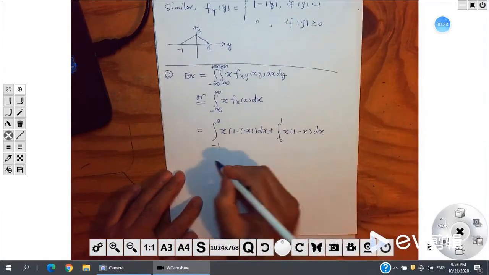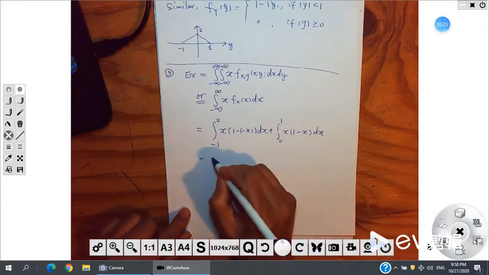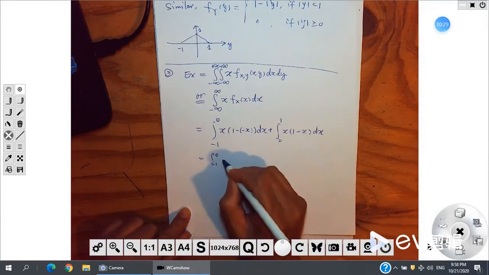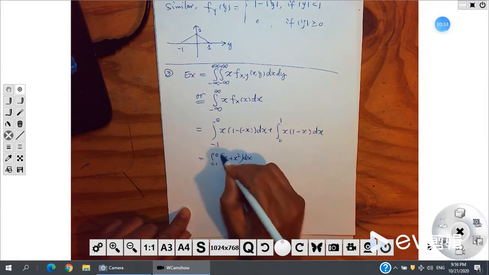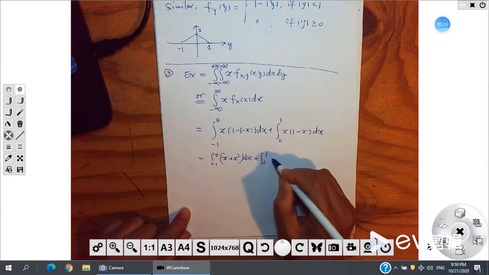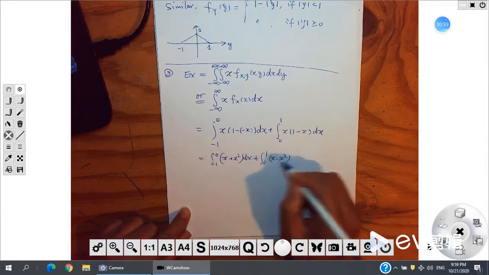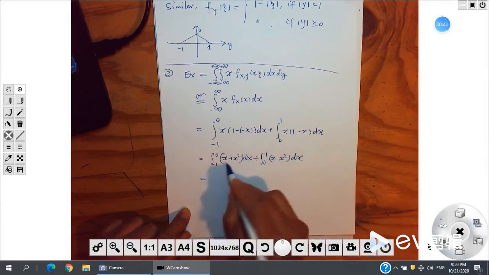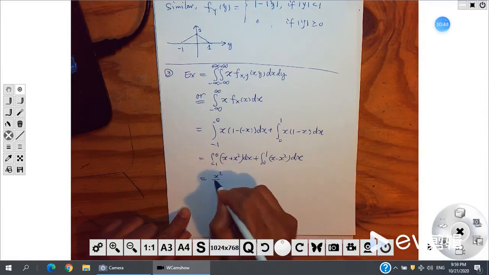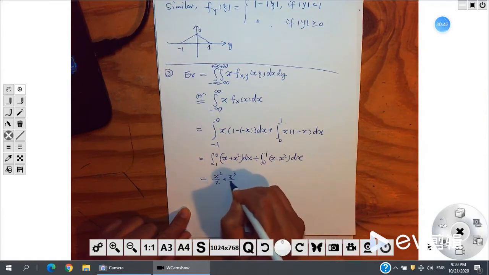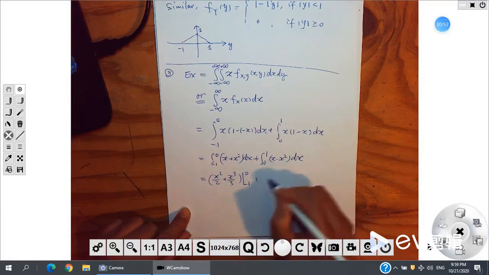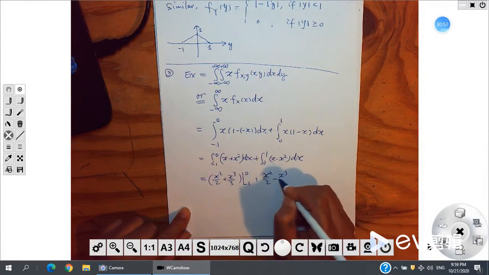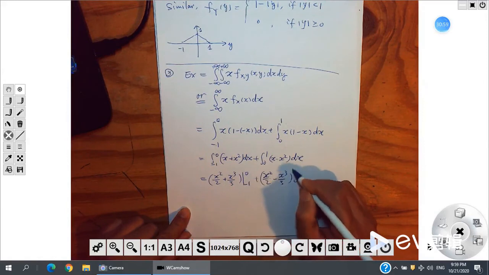So this one gave us the integral of x plus x squared dx, and this integral is x minus x squared dx. Okay, so this is x squared over 2 plus x cubed over 3 from -1 to 0, plus x squared over 2 minus x cubed over 3 from 0 to 1.